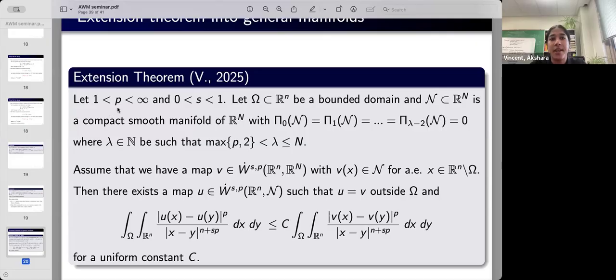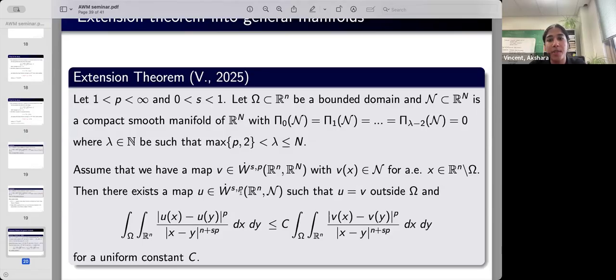So let p be between 1 and infinity, s between 0 and 1, and omega is a bounded domain in R^n, and N is a compact smooth manifold of R^n with the homotopy groups up to order lambda minus 2 being 0, with some conditions on lambda, p, and N, and assume that we have a map which takes values in R^n and goes into the manifold N outside omega.